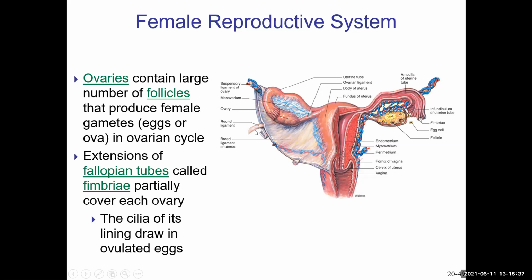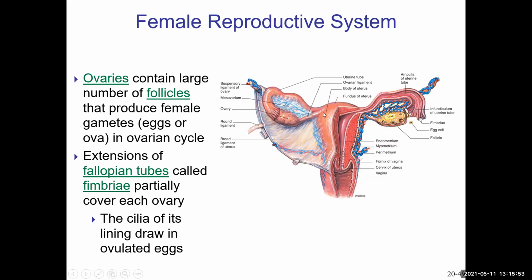Inside the broad ligament, you have the round ligament. This round ligament is coming from the uterus. This is the round ligament here, cut inside. Round ligament, and this is the ovarian ligament.